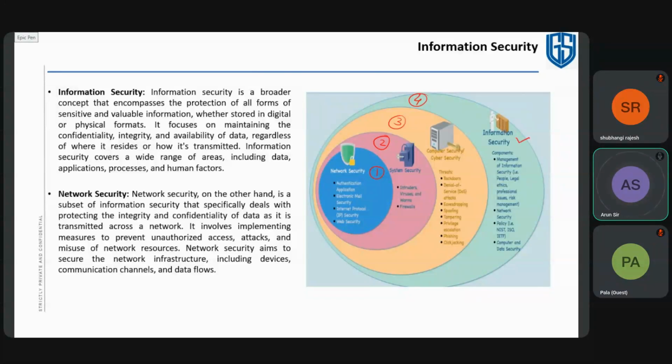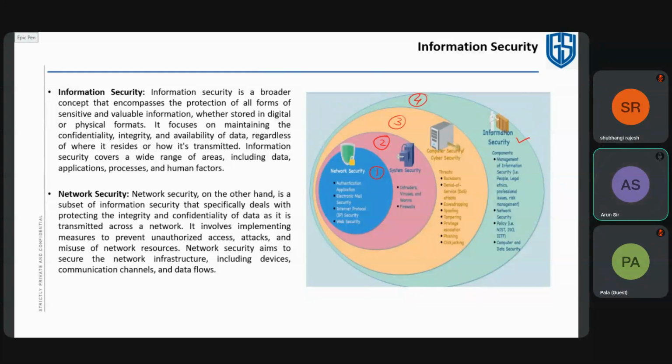Nowadays there is a requirement of an information security engineer who has knowledge of network, system security, and some knowledge of cyber security, different kinds of attacks, different best practices in the industry, and finally understanding how exactly information is kept and how it is applicable to the respective field wherever anyone is working. So information security is a very broad concept.